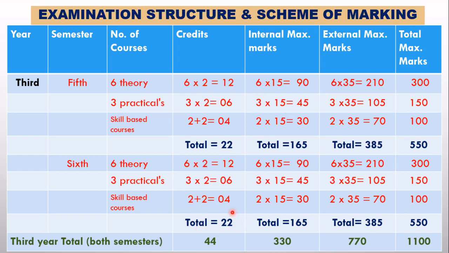Here also total 22 credits, 165 internal marks, and 385 external marks, so it becomes 550. So the total of both semesters of third year becomes 1100, like SYBSc. Here also 44 credits, 330 internal marks, and 770 external marks.